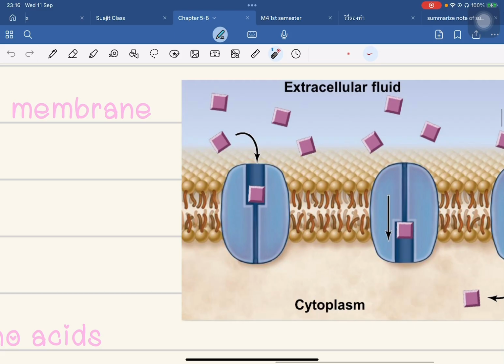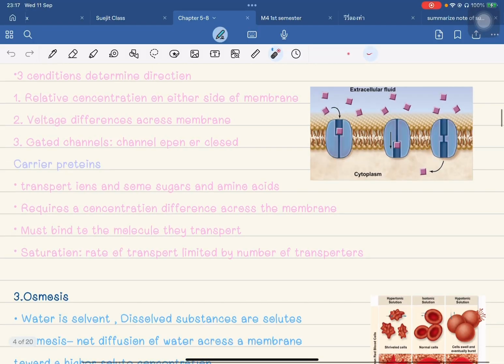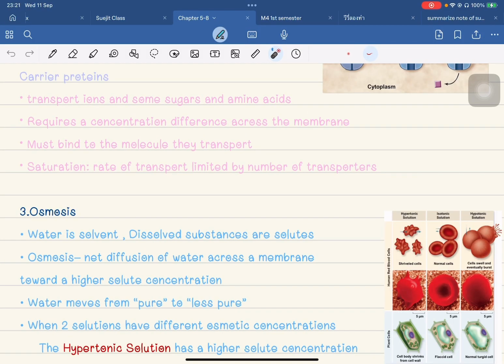They're kind of closed. When the molecules come through, they bind the molecule to themselves and then pull it down into the cytoplasm.